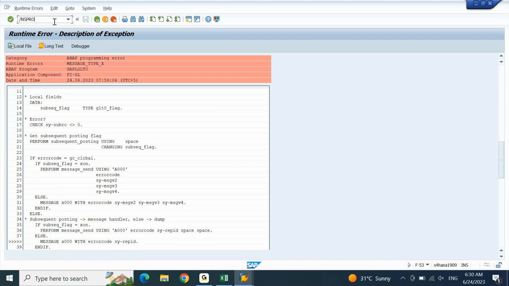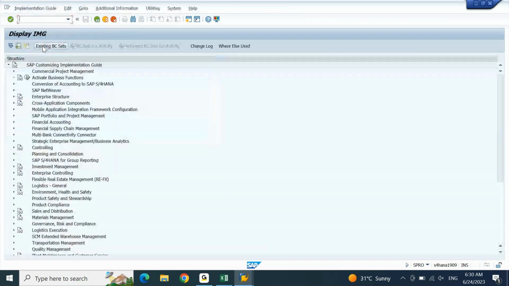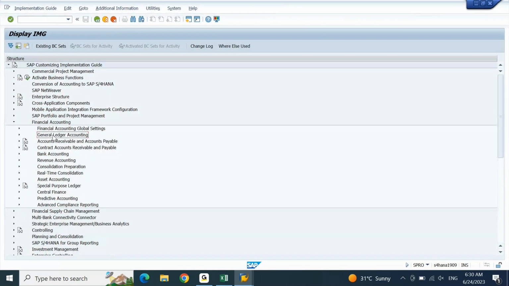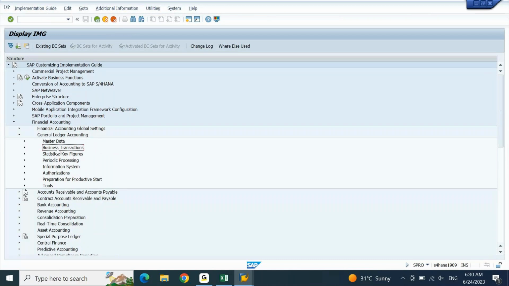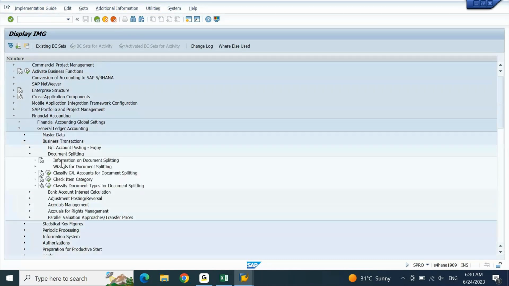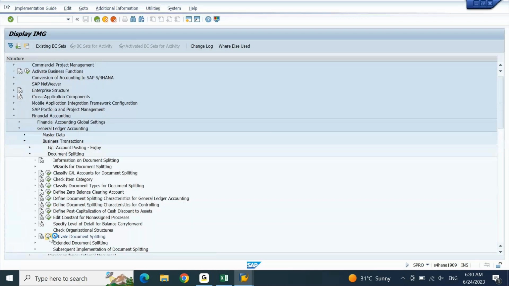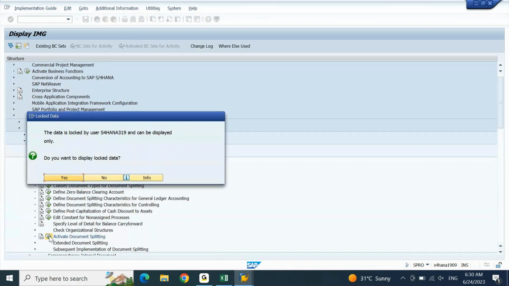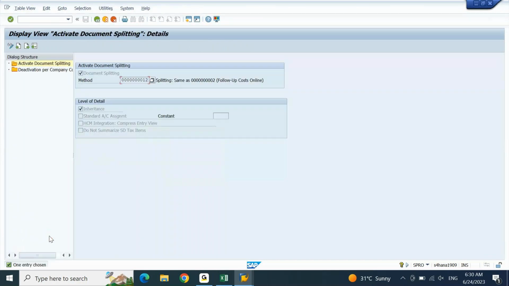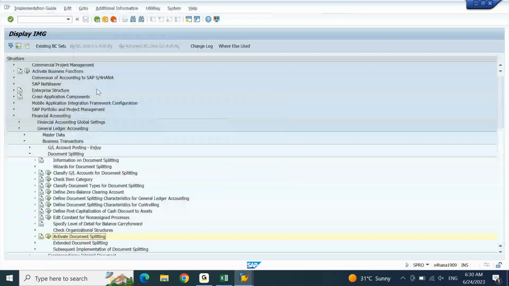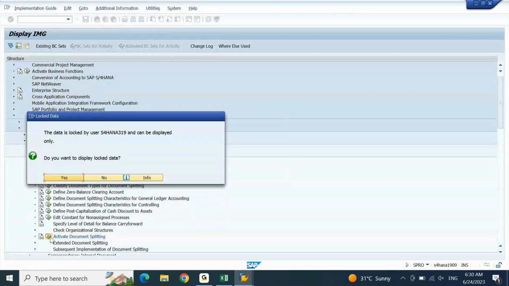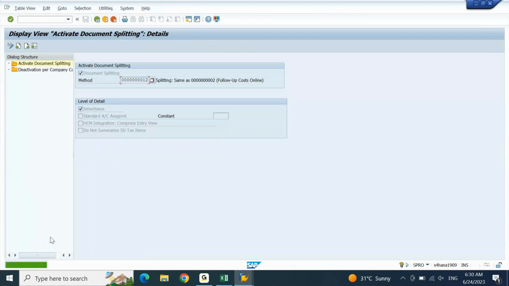SPRO, SAP reference, financial accounting, general ledger accounting, business transaction, document splitting, activate document splitting. Let's try once again. This is currently activated. Earlier it would have been deactivated because somebody is locking this. Currently it shows as active.